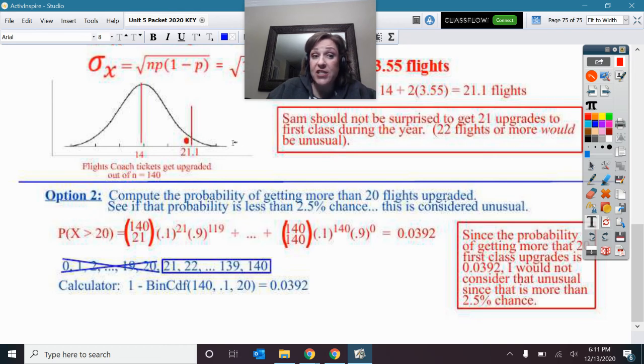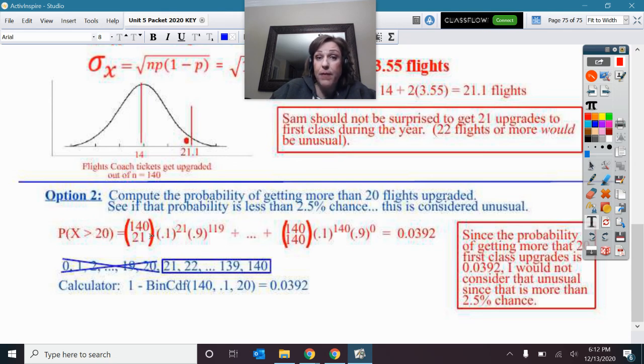Well, 2.5% is the top part. So if your probability is less than 2.5%, it's unusual. If it's greater than 2.5%, then that means you are over here inside the fence and that there's something a little bit more probable. So that's another way you can do this.